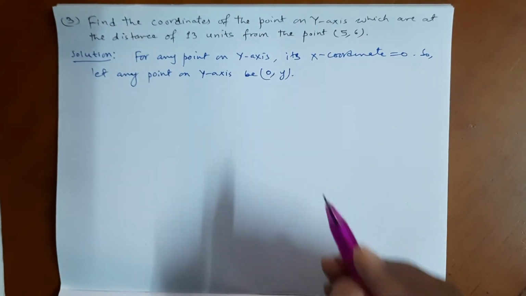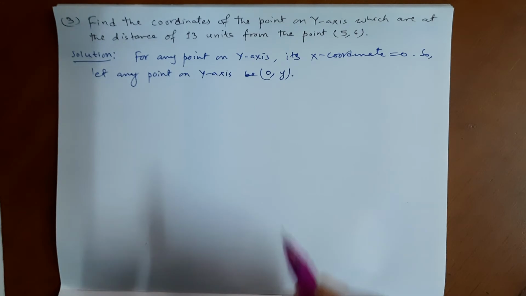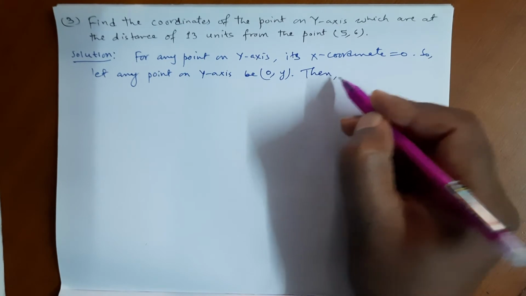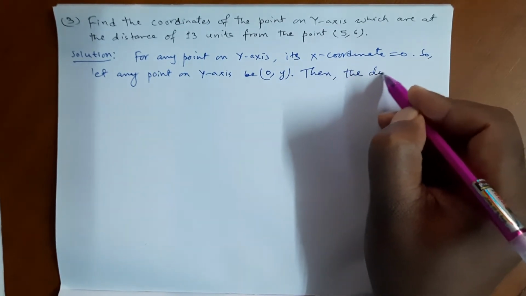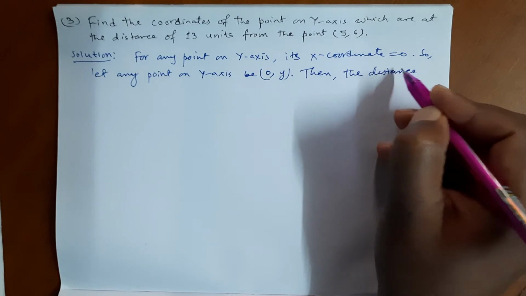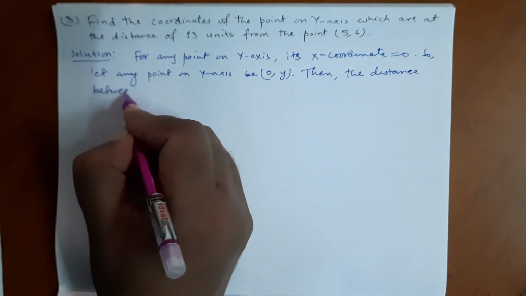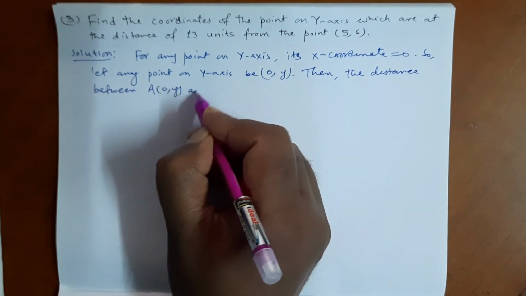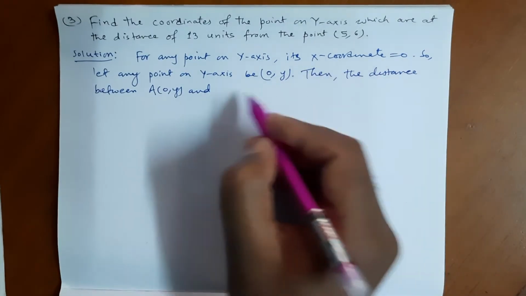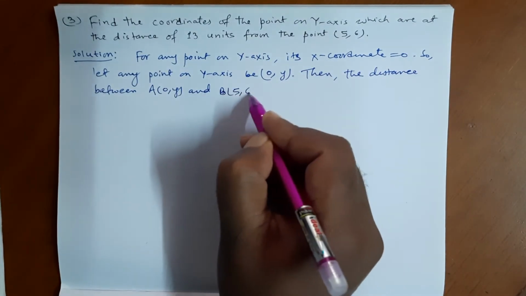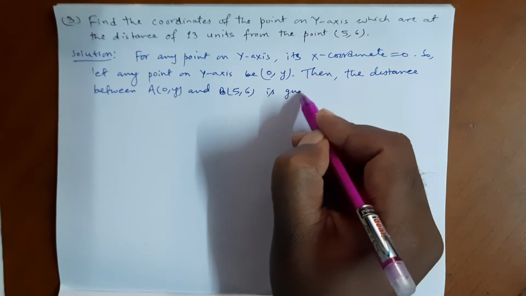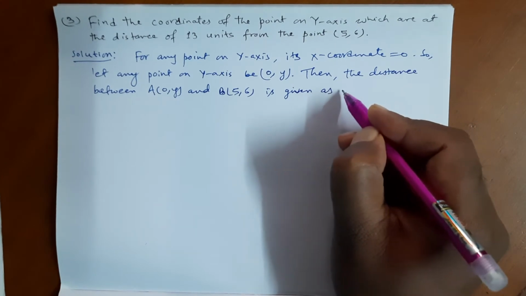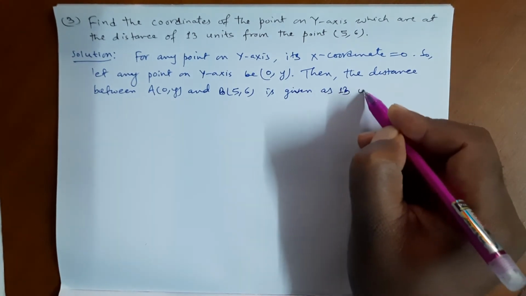Then the distance between A (0, y) and B (5, 6) is given as 13 units.